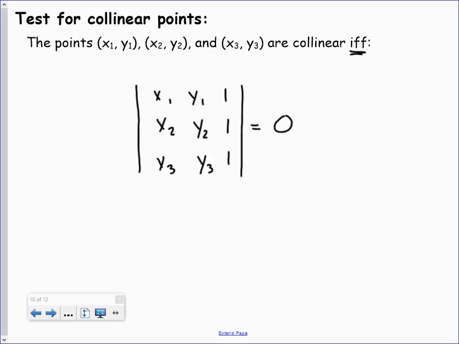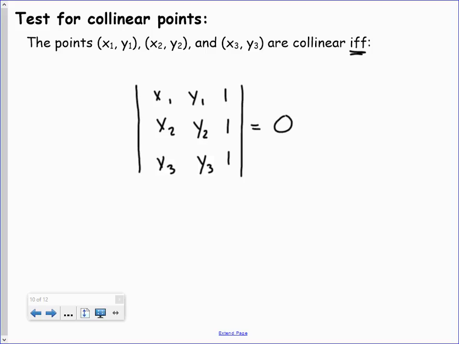Because if I have 3 non-collinear points, when I connect those 3 points, I get space. And even if they're almost collinear, I still have space in the triangle that I can solve for the area.